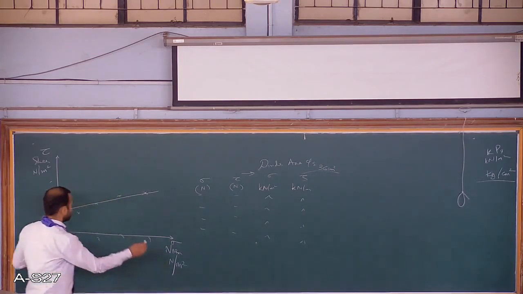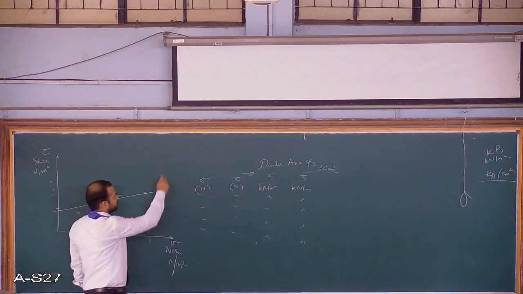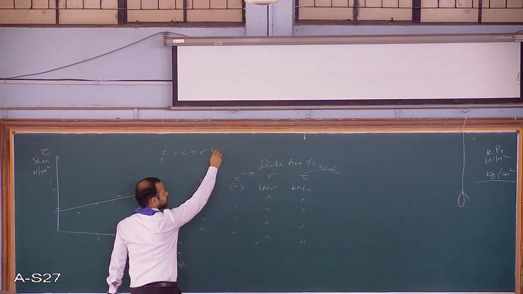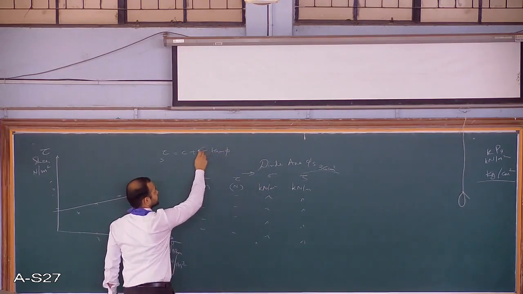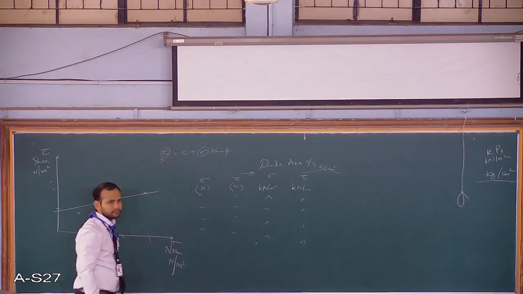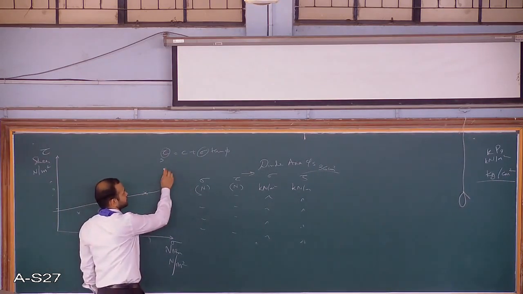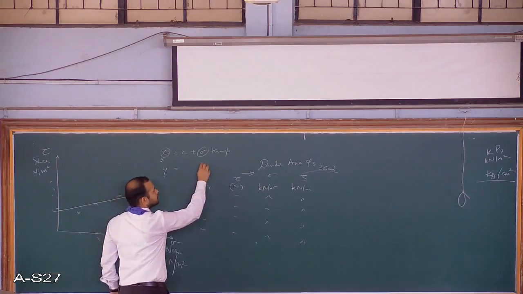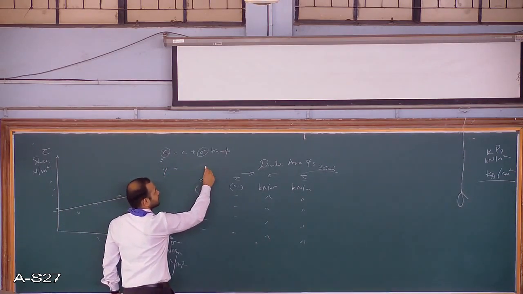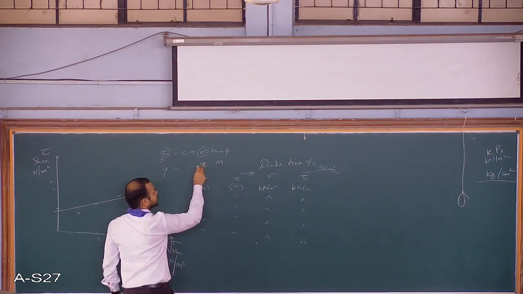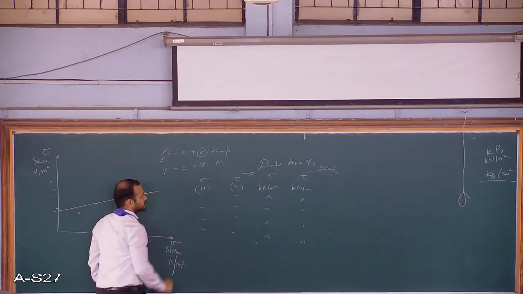Okay, now what is the shear strength equation if you remember? Tau or S equals C plus sigma tan phi. So this is sigma, this is tau. This equation is more or less y equals mx plus c.